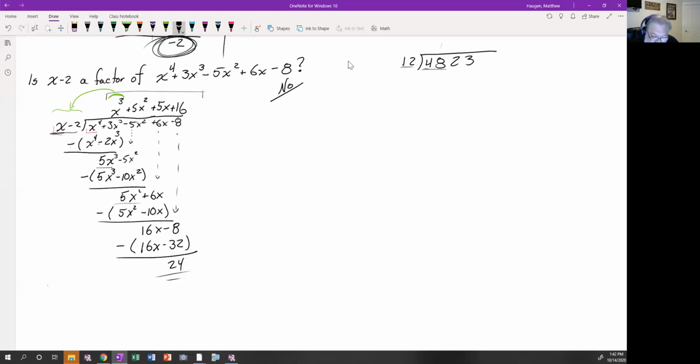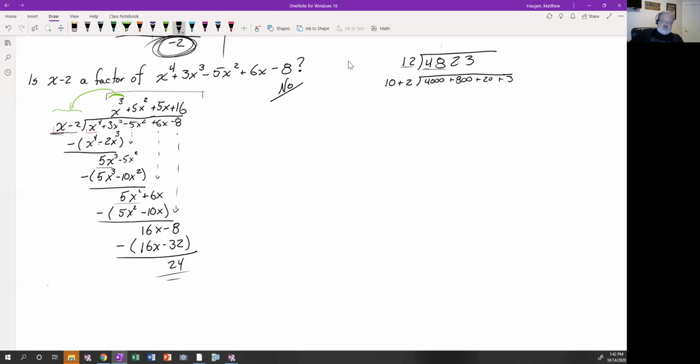But I want to write these in expanded form. That 12 is 10 plus 2, right? And that 4,823 is 4,000 plus 800 plus 20 plus 3. That's what that notation means.